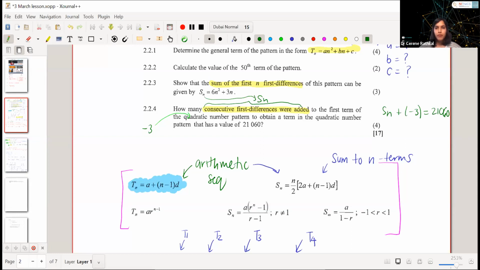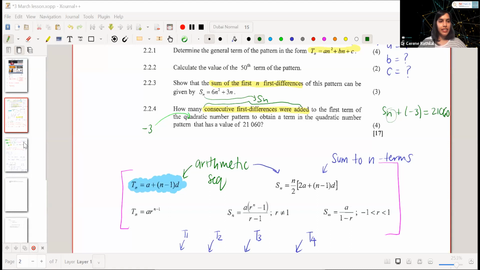We want to know how many consecutive first differences are added, but we know that that is nothing but Sn when they're being added to the first term of the quadratic number pattern, which I saw is -3. And when I do this addition, I must get a value of 21,060. So I'm solving for the unknown, and the unknown is n. So let's solve this.